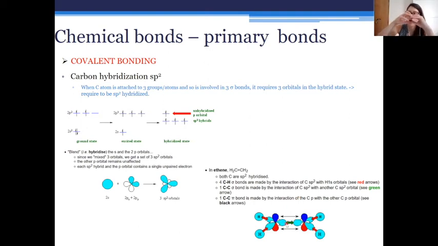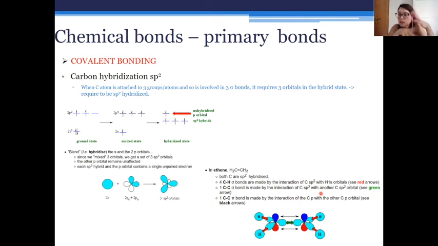So these 2 orbitals will cross each other to share electrons and create this covalent bond. And we will have another bond created by the interaction of the 2p orbitals, represented in dark blue and dark red. They will interpenetrate together to create this pi bond that we described before.